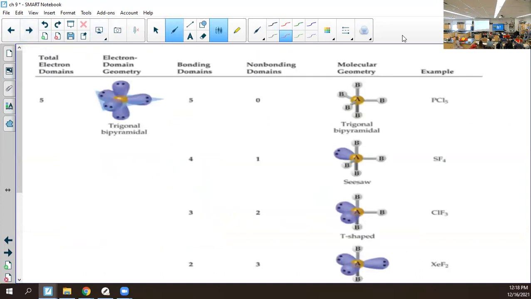Trigonal bipyramidal has some interesting things. If it's 5 and 0, it's trigonal bipyramidal, and that's PCl5. All right, if it's 4 and 1, we end up with what we call seesaw. And seesaw is kind of weird.